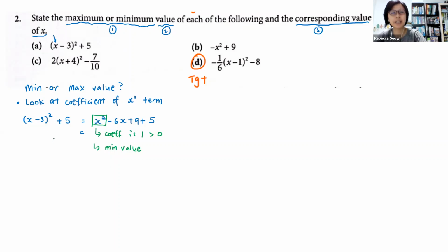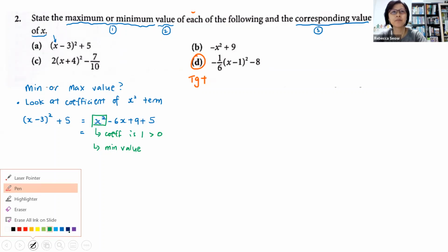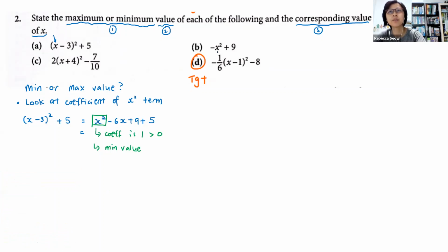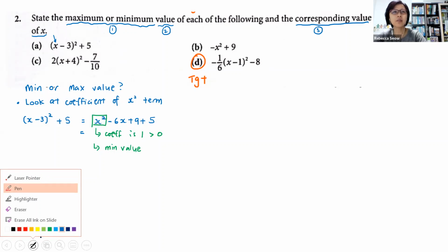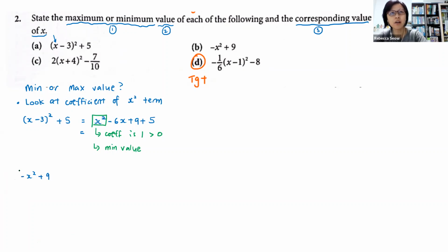Now, when the coefficient is more than 0, it will be a minimum value. So that's for A. If we were to take a look at B, B says x squared minus x squared plus 9. Straight away, we can tell what the coefficient of the x squared term is. There's a minus sign there, so the coefficient is -1, which is less than 0.